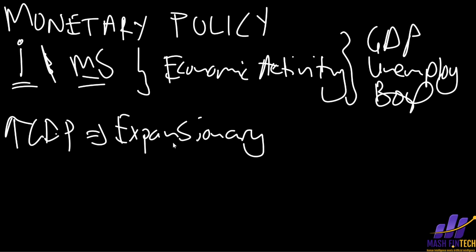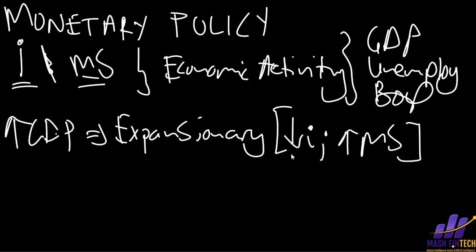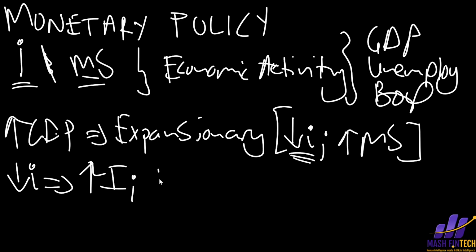This expansionary monetary policy is conducted by either reducing the interest rate or increasing the money supply. When interest rates are reduced, the cost of borrowing is lower, and this means that there's going to be an increase in investment demand. There's also an increase in consumption demand by households.